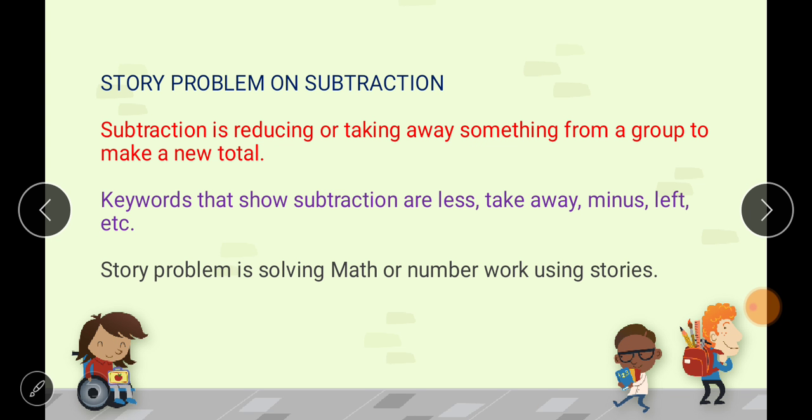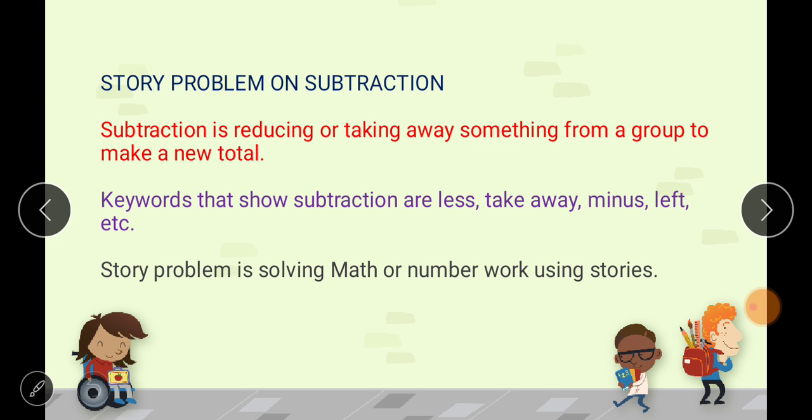You have 8 balloons. When you give out part of the balloons you have, that is an act of subtraction. You have 8 biscuits and you eat some of the biscuits. That is an act of subtraction. You have reduced it.